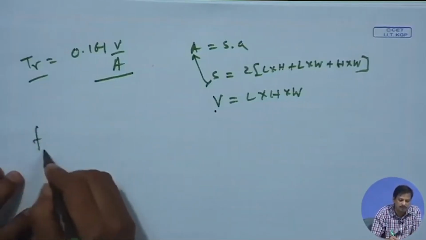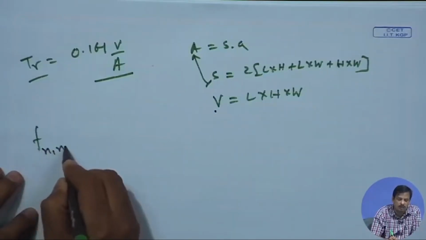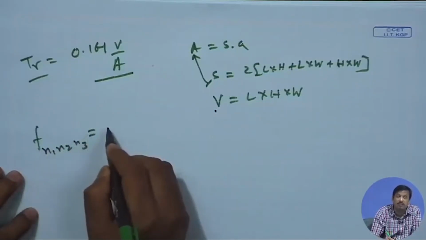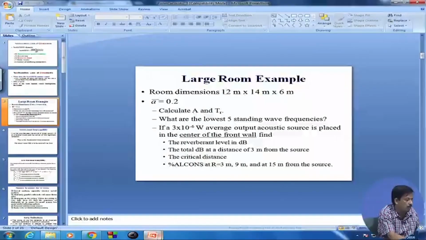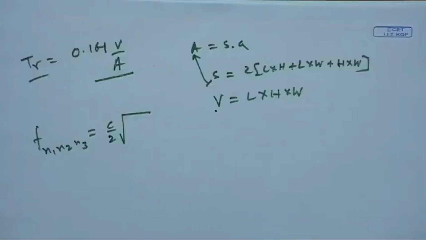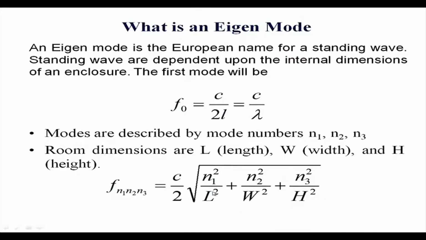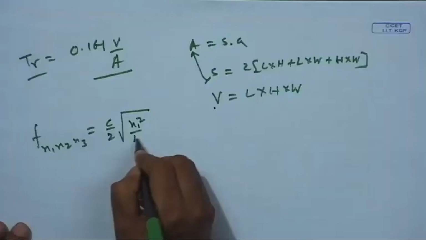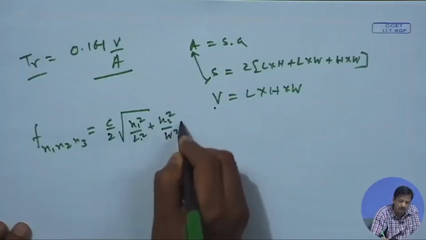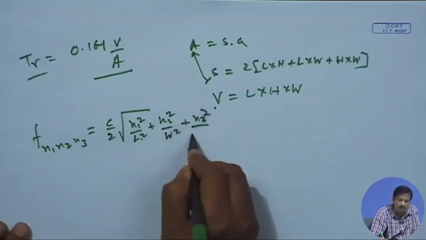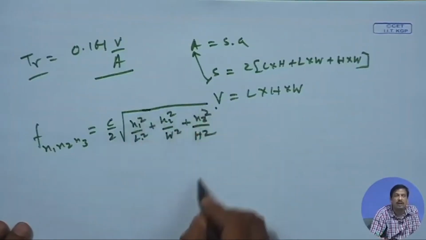The frequency F for n1, n2, n3 is given by the formula I told you in the last lecture: C by 2 root over of n1 square by L square plus n2 square by W square plus n3 square by H square, where L, W and H are length, width and height.